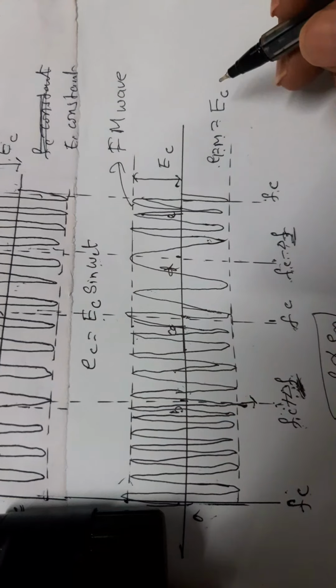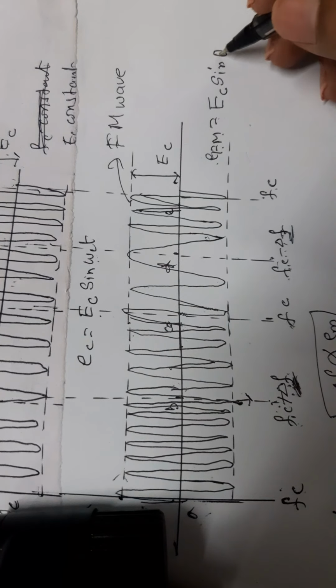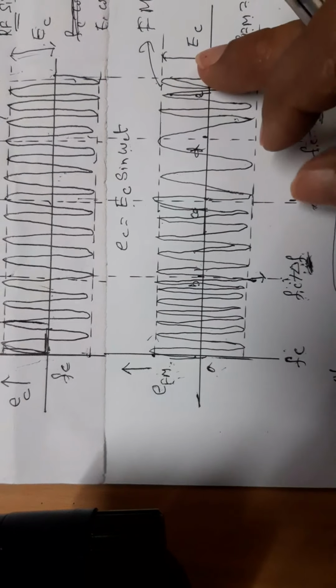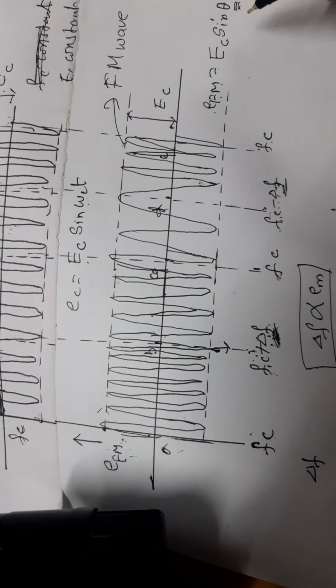The resultant wave is also a sine wave. Therefore, this is sine of, I will just write theta, because the angular frequency continuously changes. That I don't know. First I will write theta.